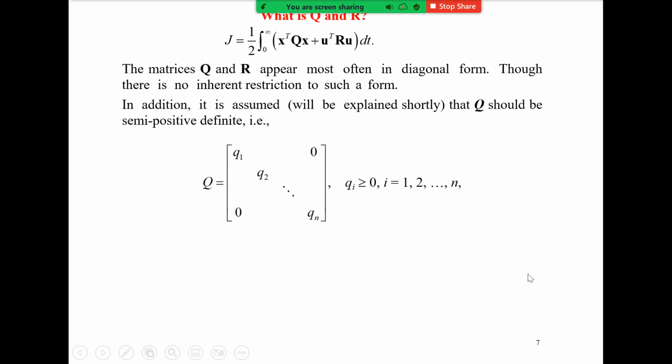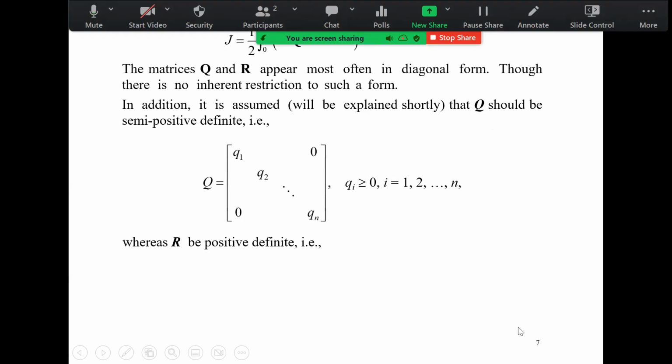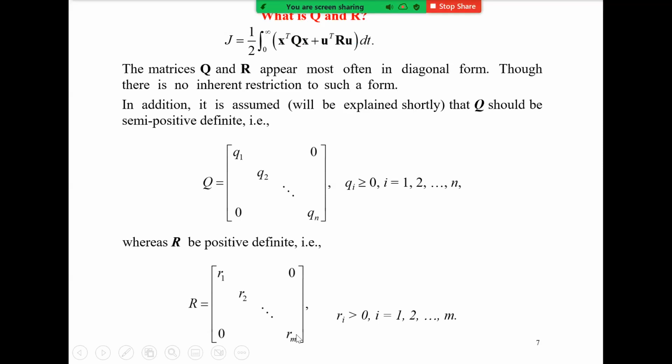That is the requirement for Q. Then we also require R, but R has a strict requirement: R has to be positive definite, which means all the diagonal terms are positive. Or in other words, R has to be non-singular.